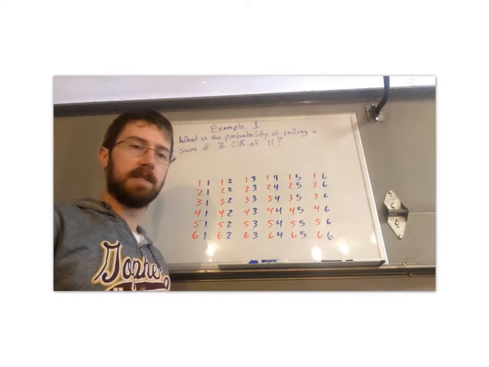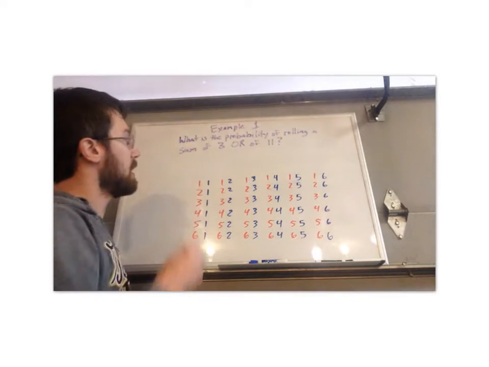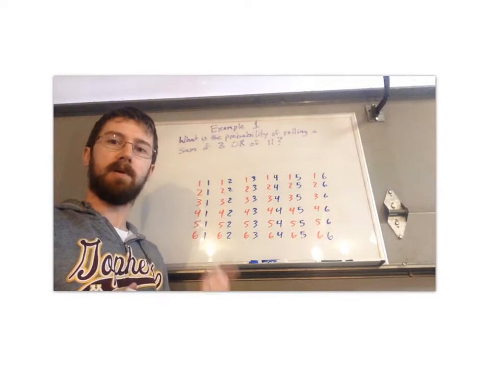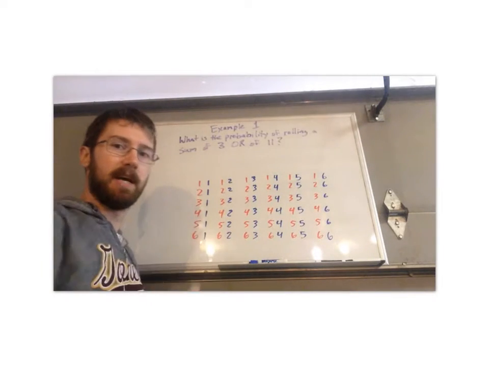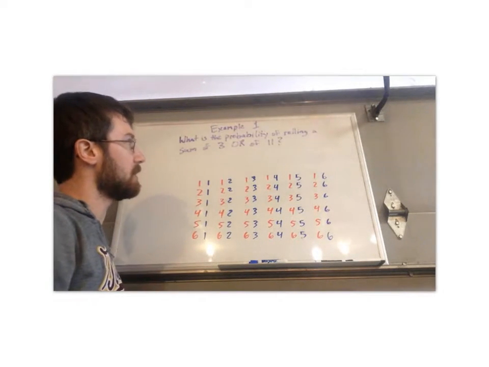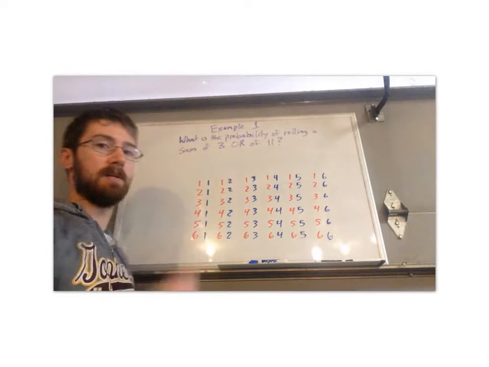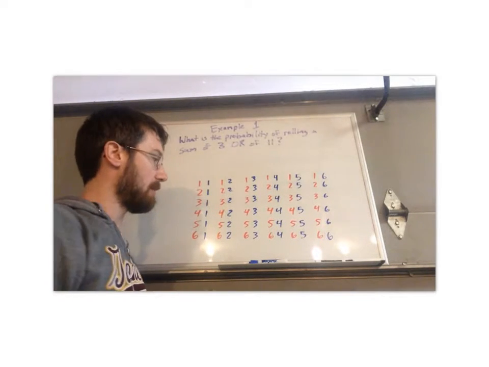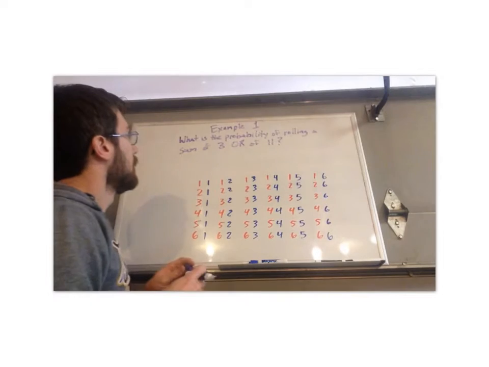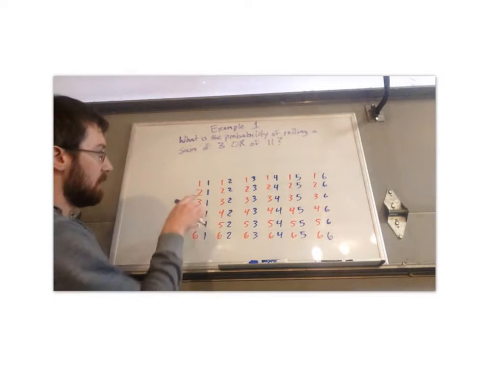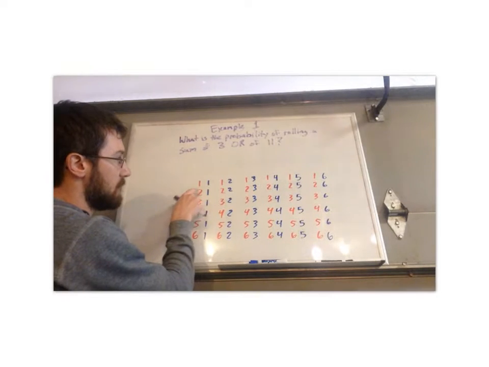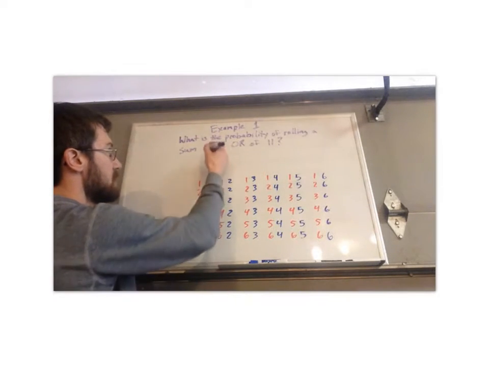Okay, so for the first example, what is the probability of rolling a sum of 3 or a sum of 11? And I've got our dice chart up here. This is what we're talking about. This is an OR statement, so we're going to add the probabilities here. The probability of rolling a sum of 3, I've got 2 possibilities out of the 36.